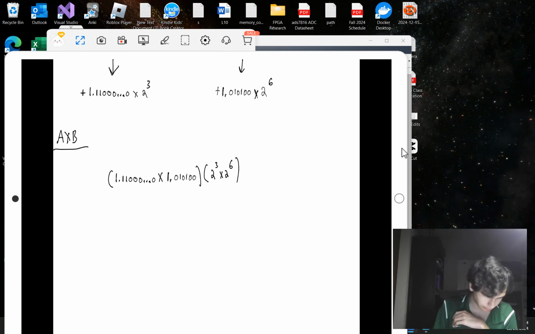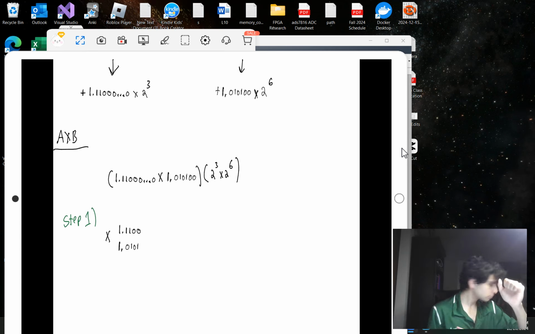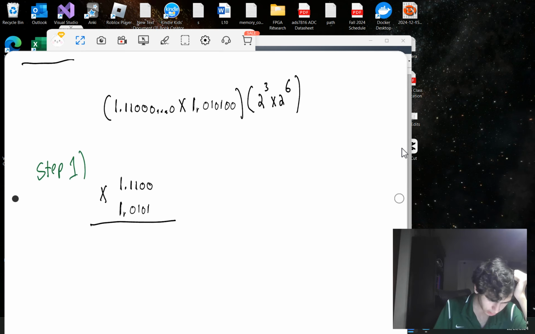Now that that's done, step 1 is going to be to multiply this by this. So all that's going to be doing is using just normal binary multiplication. So let's do that. This is a 1. The first one's a 1. So we copy all of this once.